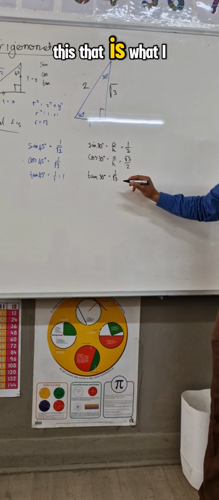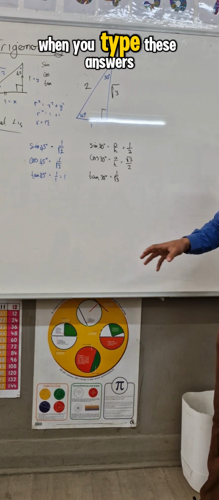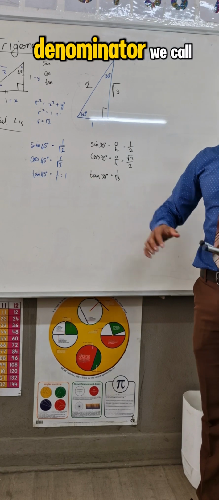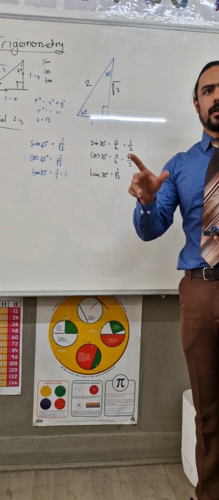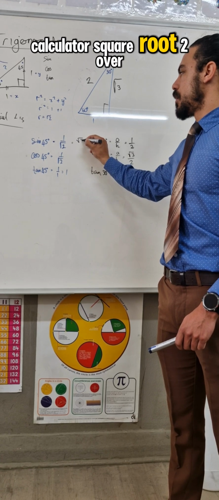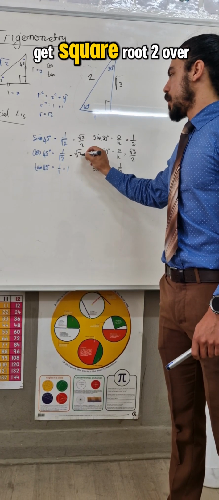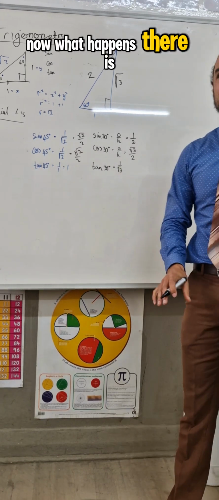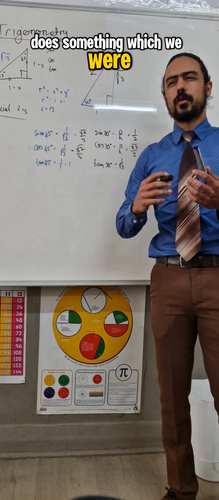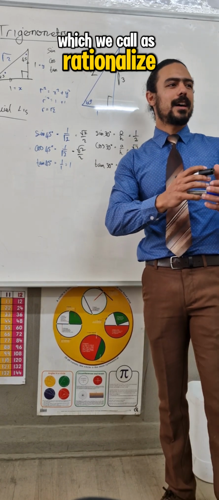That is what I actually wanted to come back to. You will see when you type these answers into your calculator, especially when there is a surd in the denominator, you will not get this answer. You will rather get square root 2 over 2, and here you will also get square root 2 over 2. Your calculator does something we were taught in the first term, which we call rationalizing the denominator.